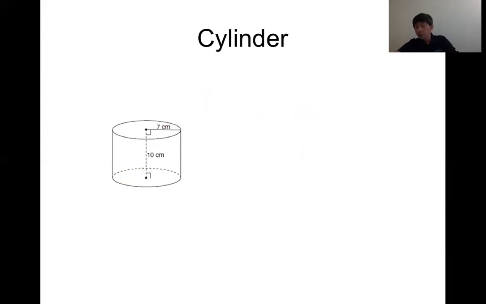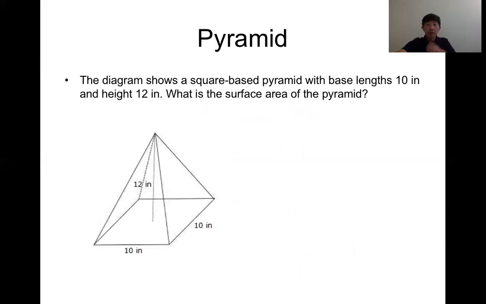All right, let's take a look at the next one, the pyramid. First of all, find the surface area for this, okay? Now, surface area, again, is a combination of different areas.